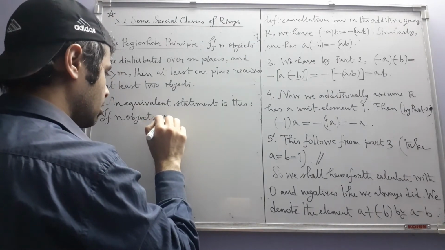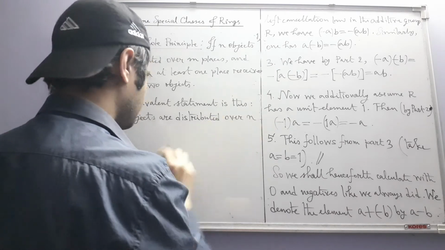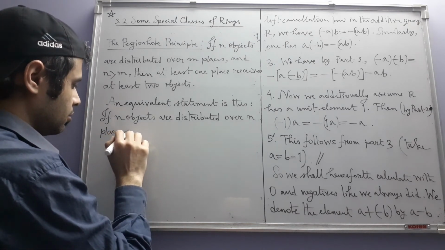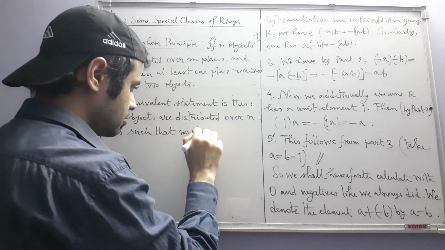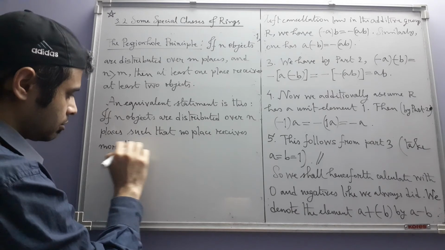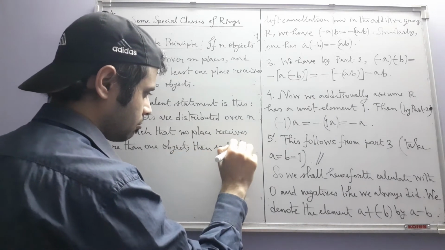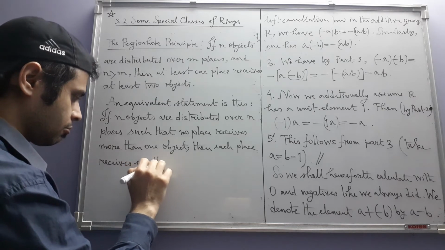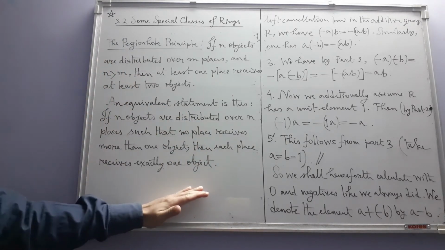If n objects are distributed over n places, here the number of objects and the number of places are the same, such that, but there is a condition, no place receives more than one object, then each place receives exactly one object. That's how we are going to use this principle.